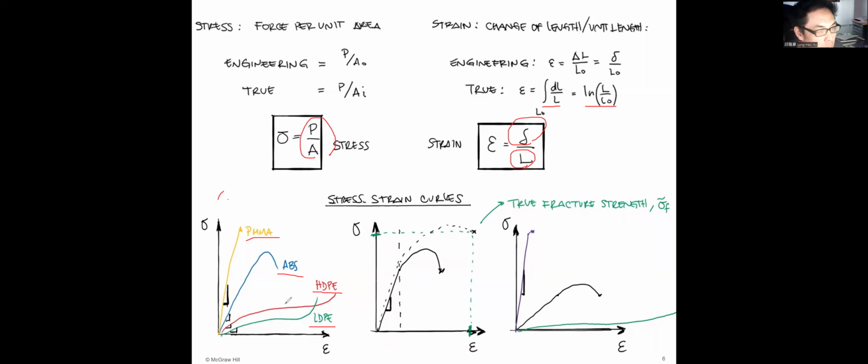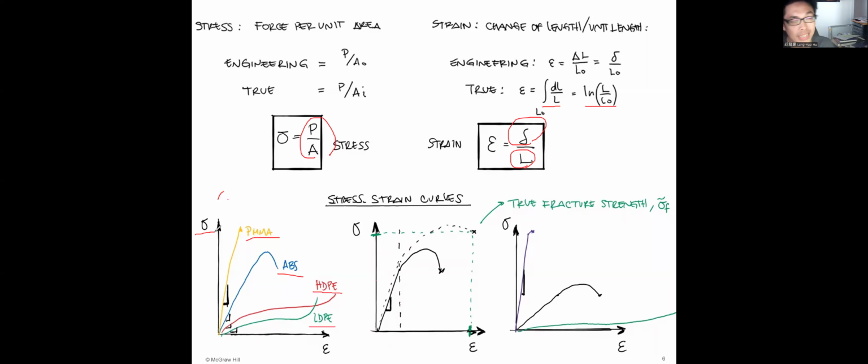So as we know, the slope of the stress and strain curve within the linear range is the elastic modulus, or Young's modulus. Therefore, we can say the elastic modulus can be regarded as its stiffness.